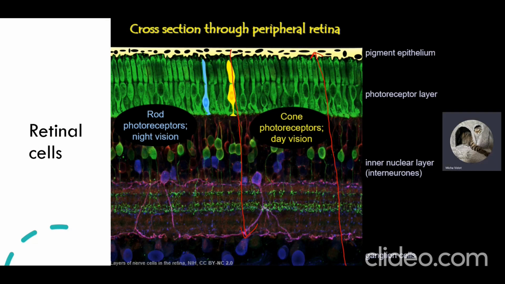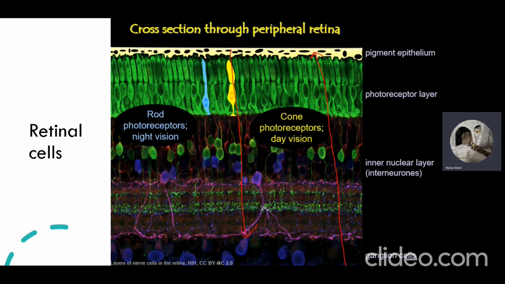The inner nuclear layer, or the middle layer, is made up of interneurons, and the next layer is the photoreceptor layer, which is made of rods and cones. Rods are responsible for night vision and peripheral vision, and they become saturated and useless with any lighting above twilight. Cones are responsible for day vision and can see a wide range of illumination as they can constantly reset their sensitivity. The last layer is your pigment epithelium.